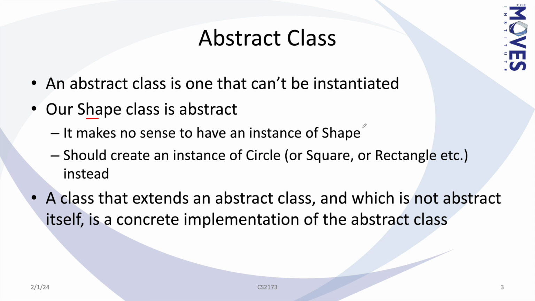If I tell you, okay, I have this thing, and it's a shape, you say, well, what is its shape? Is it a square, a rectangle? Is it some weird thing?